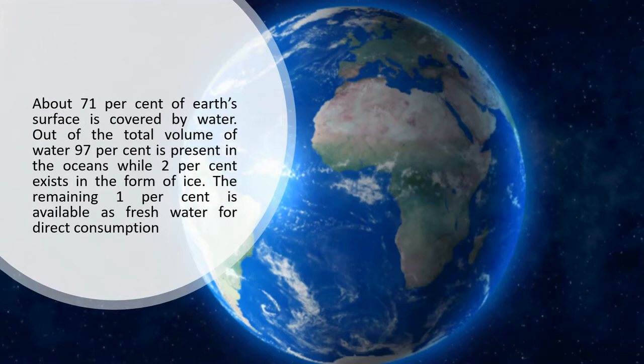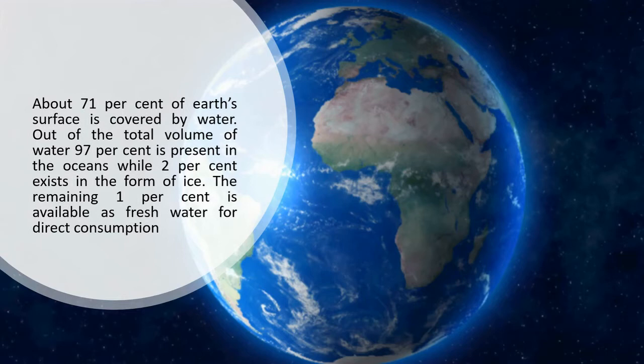Now, out of the total volume of water, 97% is present in the oceans, while 2% exists in the form of ice. Remaining only 1% is available as fresh water for direct consumption. It means we have plenty of water, but not all of it is drinkable.